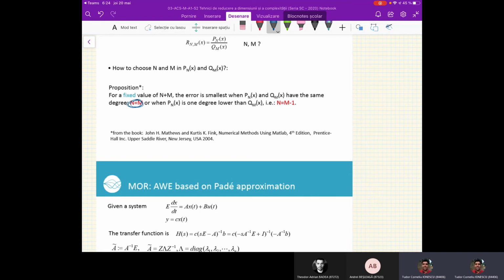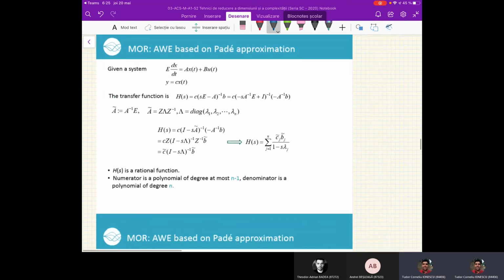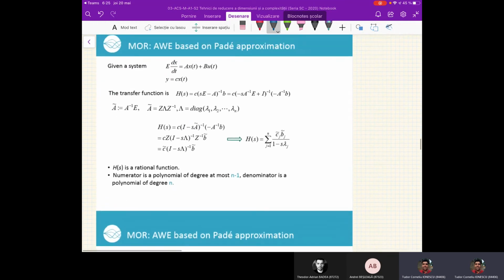Pn can be taken with degree 1 lower than Qm. But then there is another issue. The more interesting issue is that if your original system did not exhibit any zeros, how come your approximation exhibits additional zeros? And here it's shown how to get the Padé approximation. You have a system.